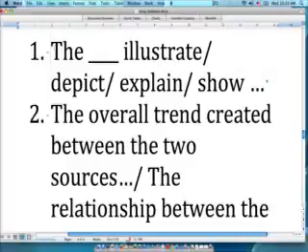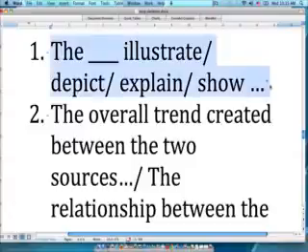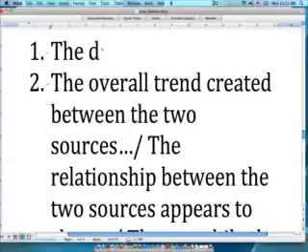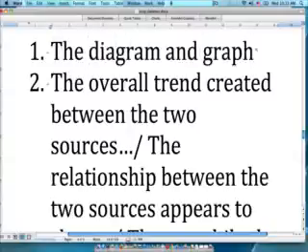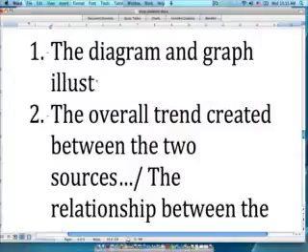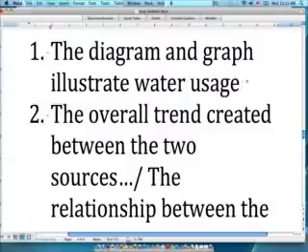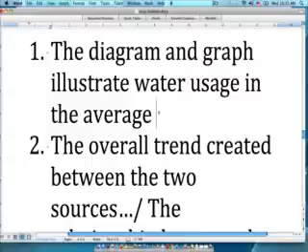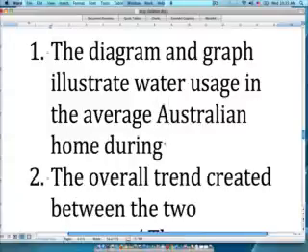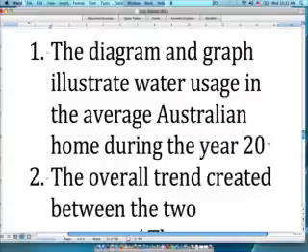So let's go ahead and write the first sentence of our Task 1 response. And I think we'll probably just follow what I had just said. So the diagram and graph illustrate water usage in the average Australian home during the year 2004.